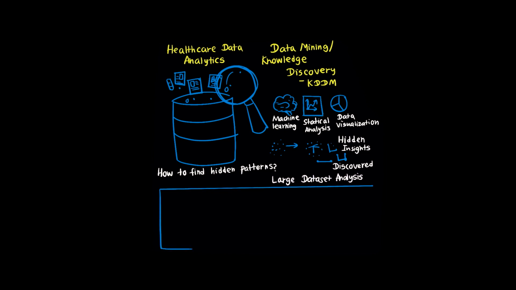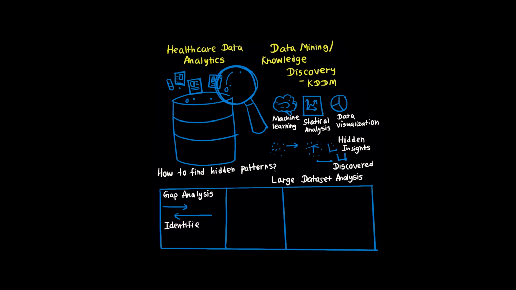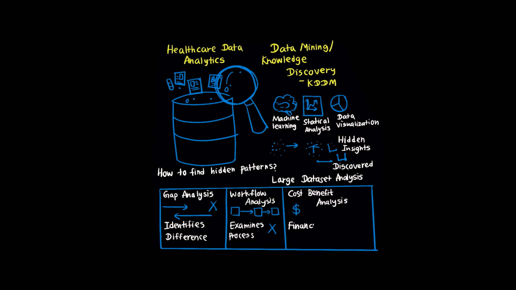Gap analysis identifies functional differences, but doesn't mine large datasets. Workflow analysis examines processes. Cost-benefit analysis compares financials, but data mining specifically refers to sophisticated analysis of large datasets to discover knowledge and patterns using machine learning and statistical techniques.